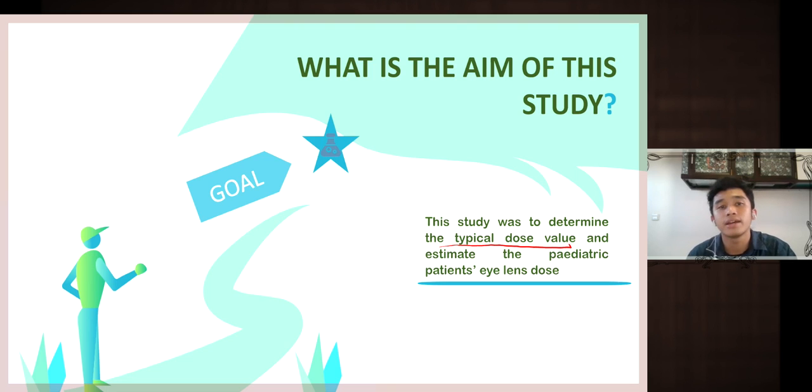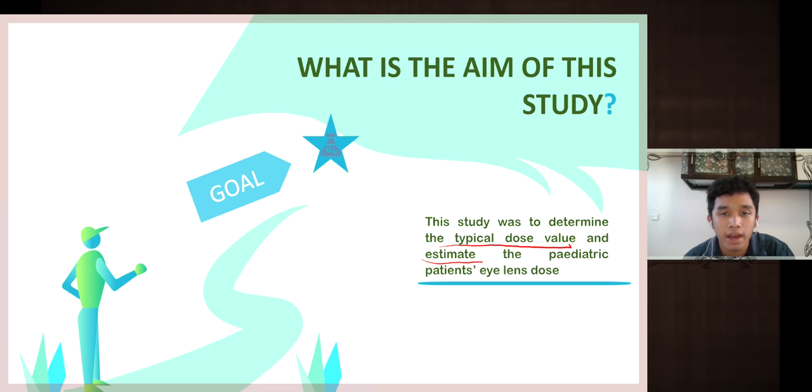The second one is to estimate the radiation dose to the lens for pediatric patients and propose optimization measures to decrease this dose without compromising the clinical result of the intervention. The relationship between the dose to the lens and the dose indicator provided by the equipment was also analyzed.